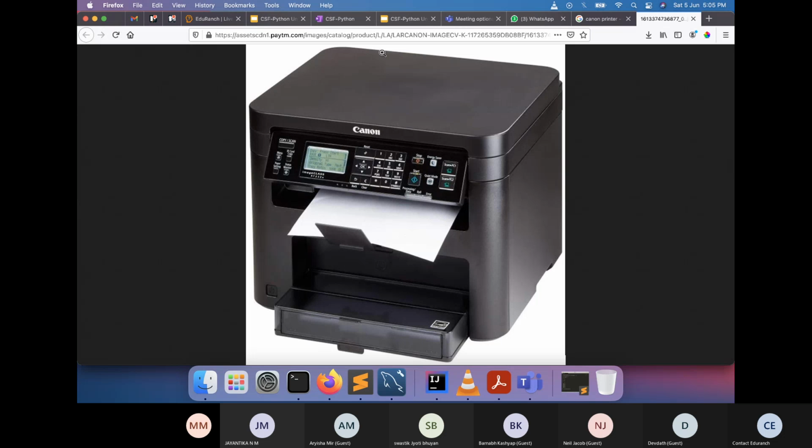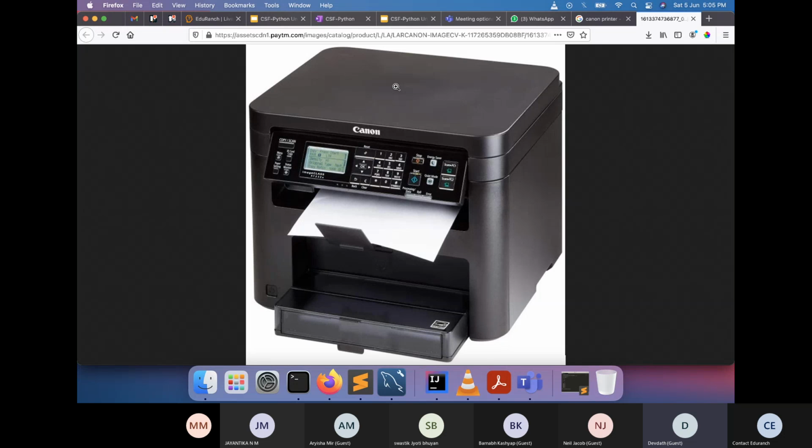On the top, there is a scanner. What type of device is a scanner in the printer? Sir, it's an output device, no? No. What does a scanner do? Oh, it scans stuff. Yes.